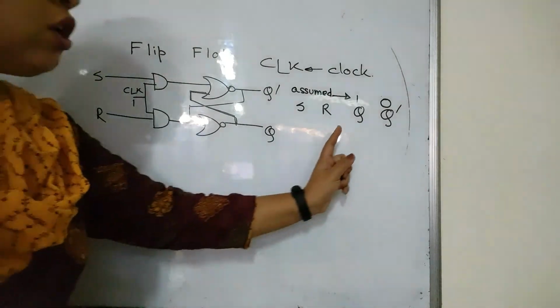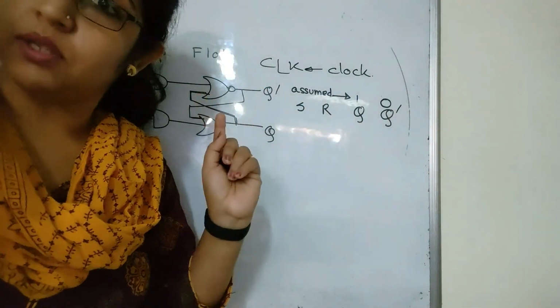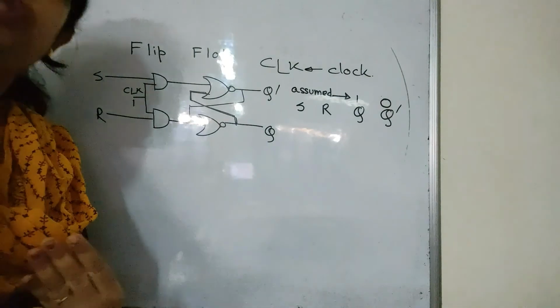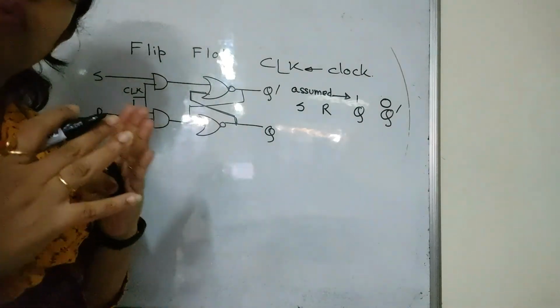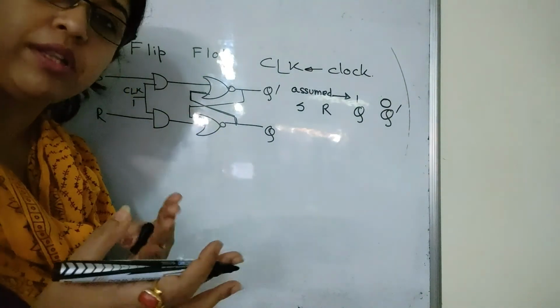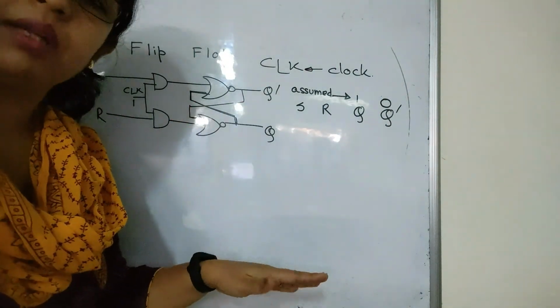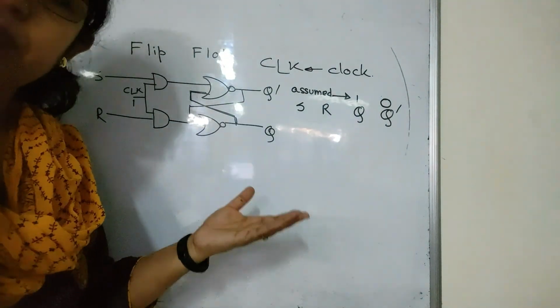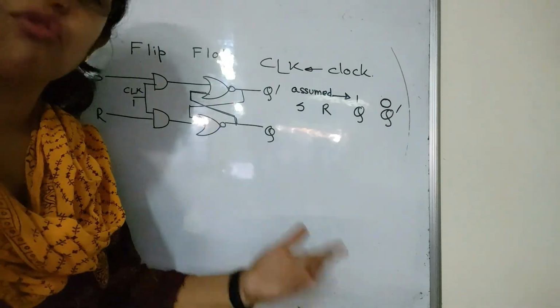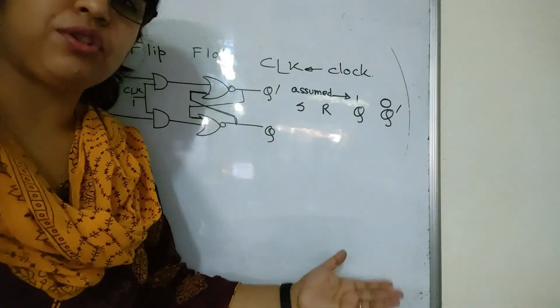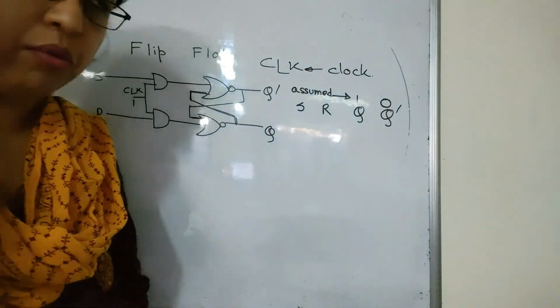You can also assume the other way around. There won't be any difference in the working. When we are drawing the truth table, you will see that there won't be any difference if you take the other way round.